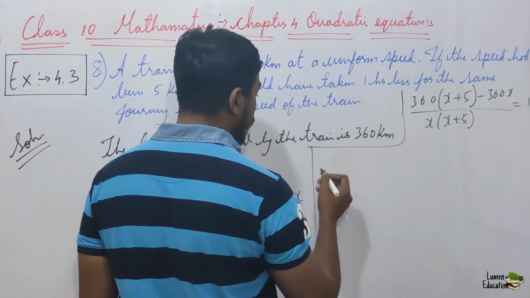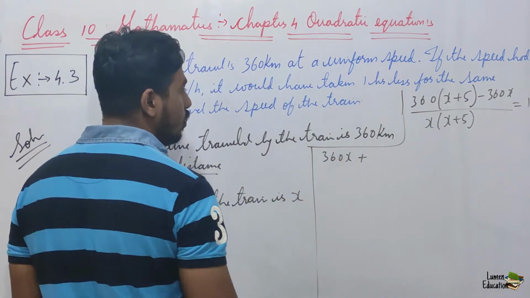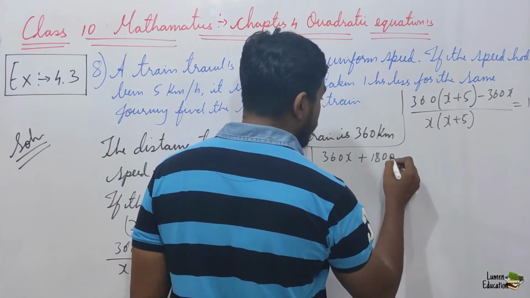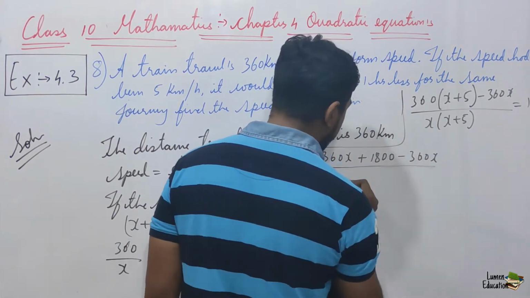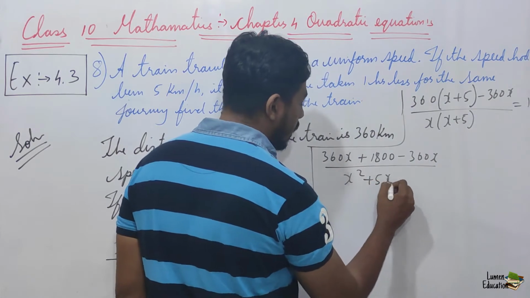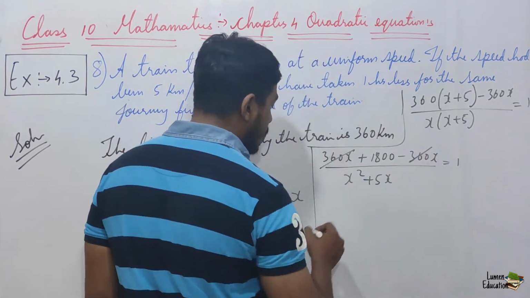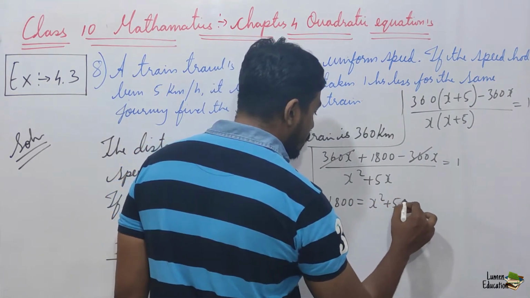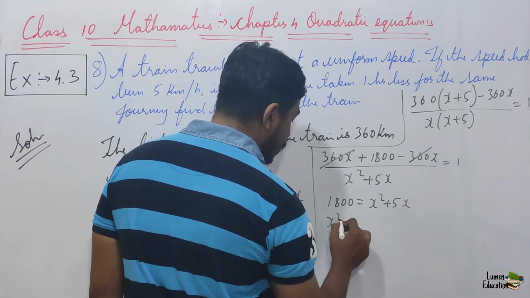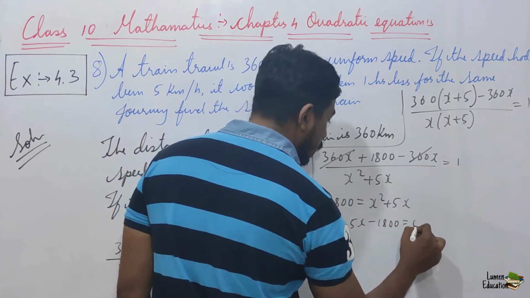Further simplify this one, this will be 360x plus 360 into 5 is 1800 minus 360x divided by x square plus 5x is equals to 1. Therefore this plus and minus will get cancelled, therefore 1800 is equals to x square plus 5x. Therefore x square plus 5x minus 1800 is equals to 0.